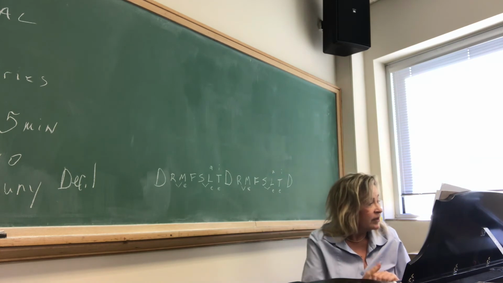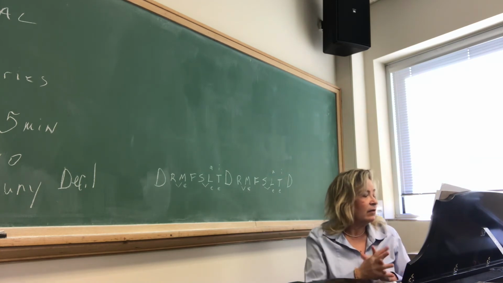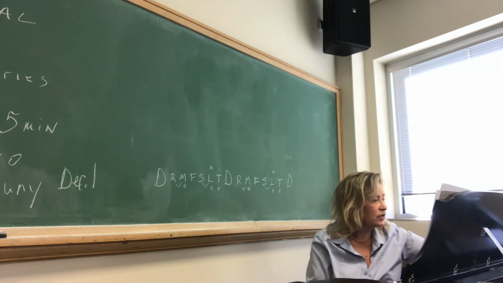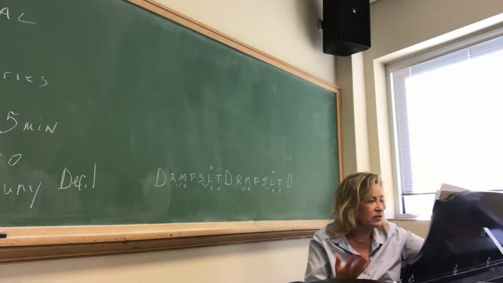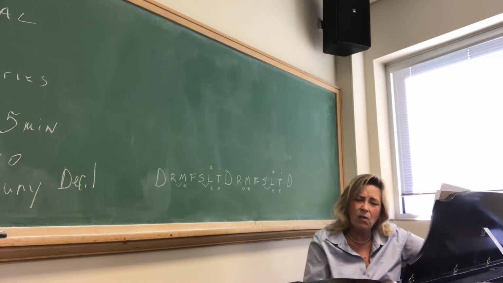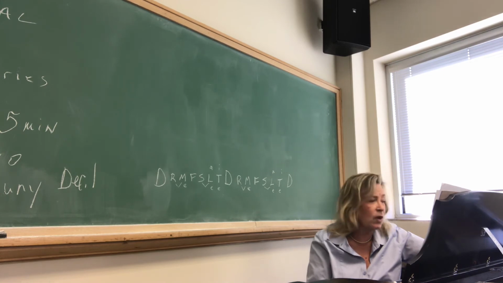Okay, so next thing that hopefully you're remembering to do when you're looking at a melody for the first time is you're just scanning through for skips. Usually we can get the scale-wise movement of a melody, but when there's skips, that's where we sometimes have trouble.